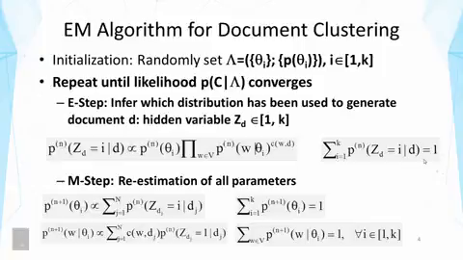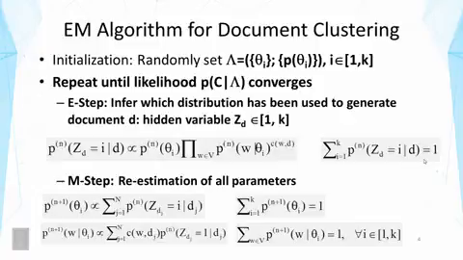You just need to adapt a little bit to this new mixture model. So as you may recall, EM algorithm starts with the initialization of all the parameters. So this is the same as what happened before for topic models. And then we're going to repeat until the likelihood converges. And in each step, we're going to do E step and M step.